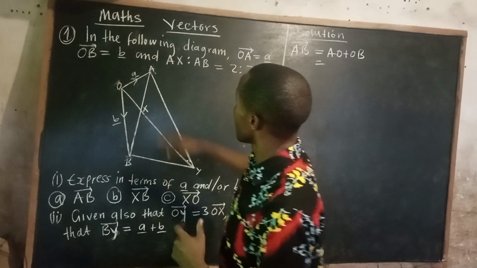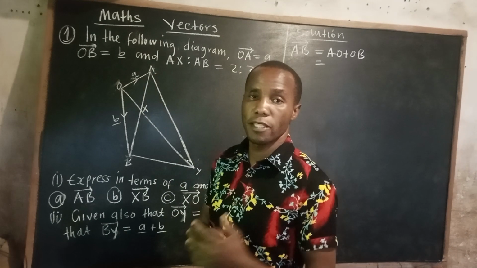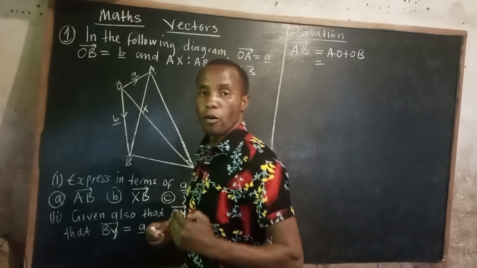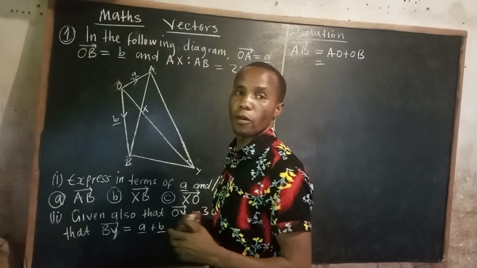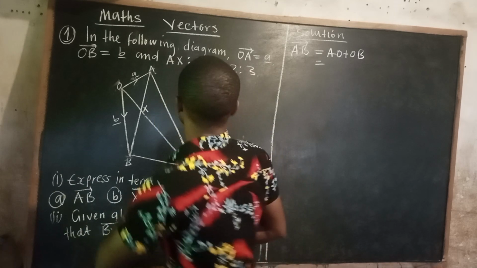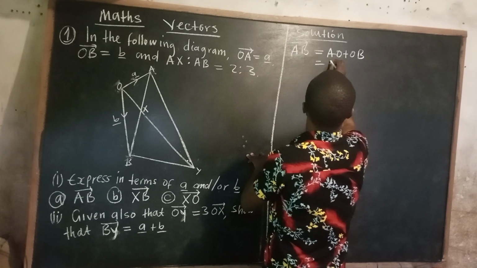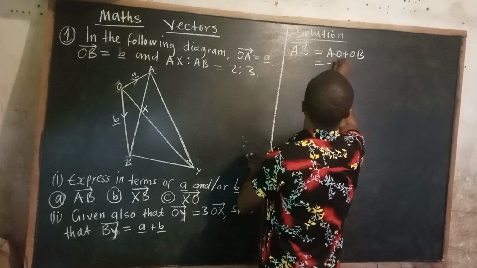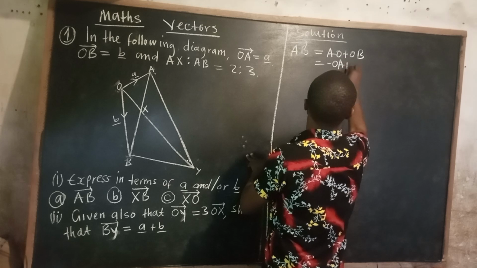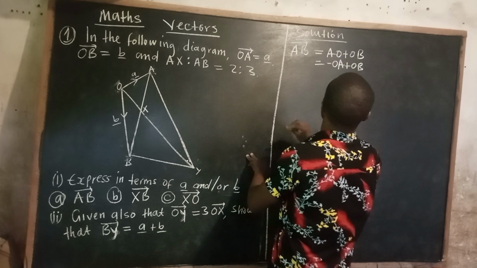That means the value here will have a negative. Why? Because we are moving opposite to the direction. So we start by saying negative OA plus OB.